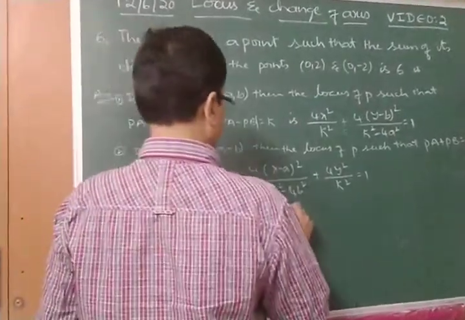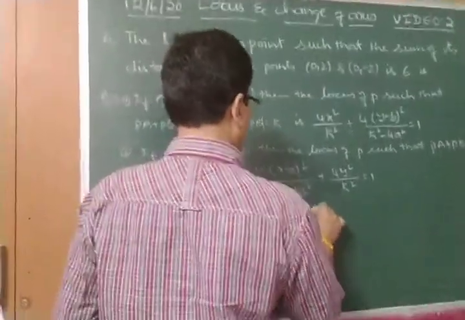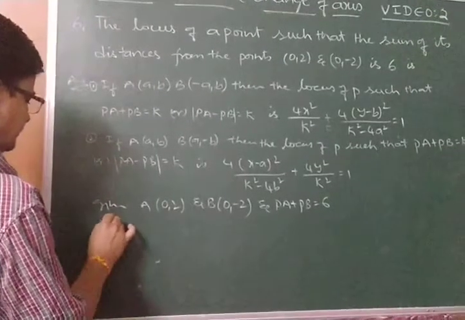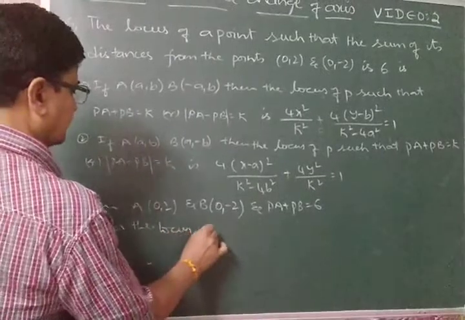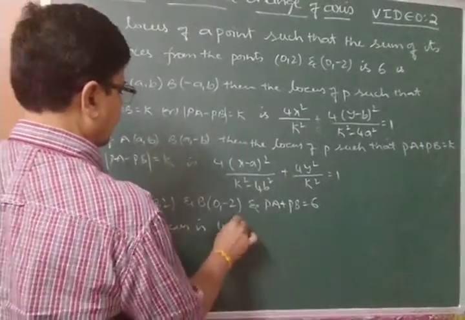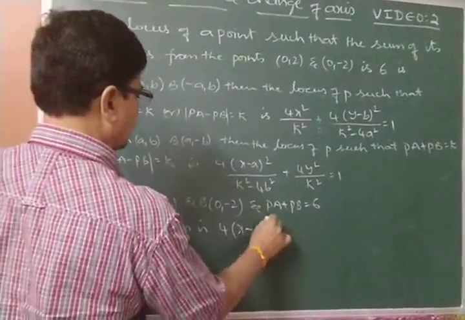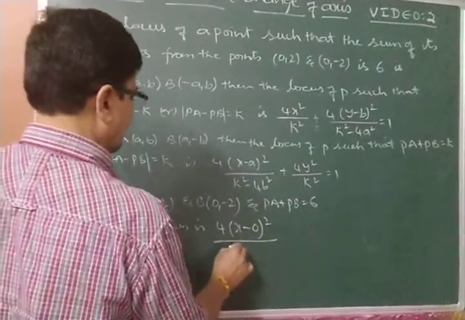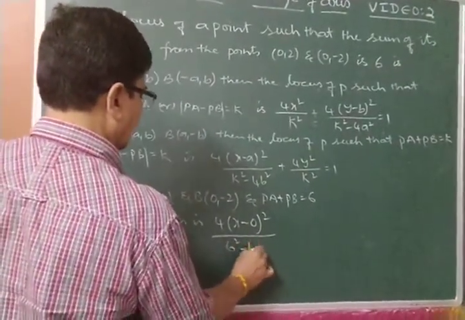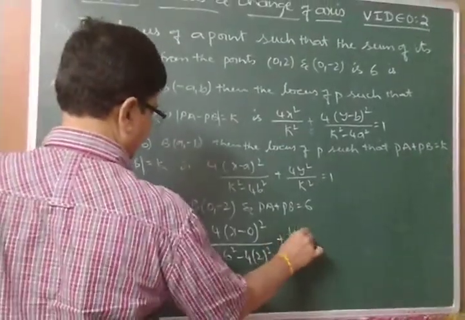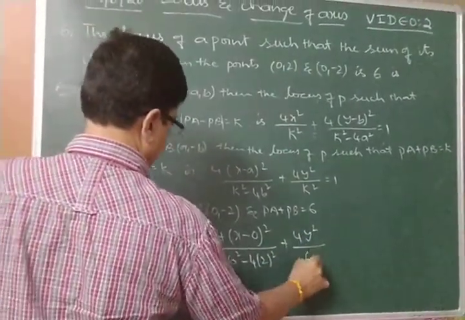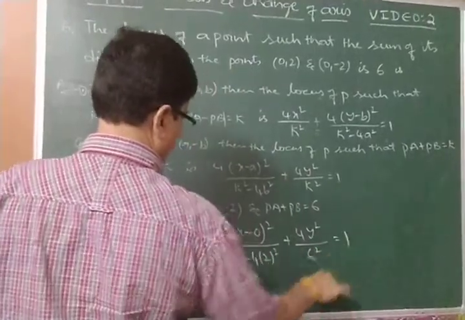Now the locus is 4(x - 0)² by 6² minus 4 into 2², plus 4y² by 6², is equal to 1.